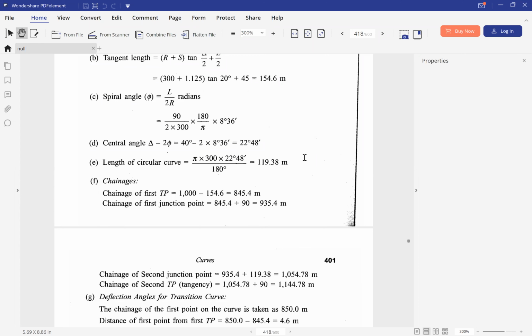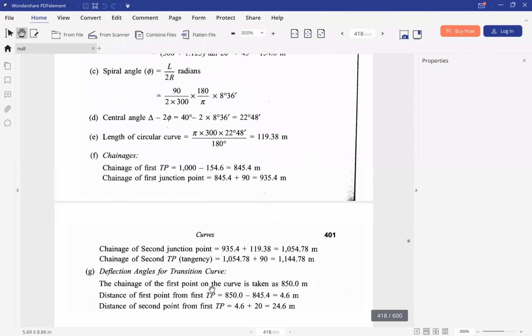The next is the chainage of the second junction point. It is the point where your circular curve ends and your second transition curve begins. So that is 1054.78 meters ultimately. Then the chainage of the second tangent point, that is the ending point of the curve, will be equal to the chainage of the second junction point plus the length of the second transition curve. So that comes out to be 1144.78 meters, right?